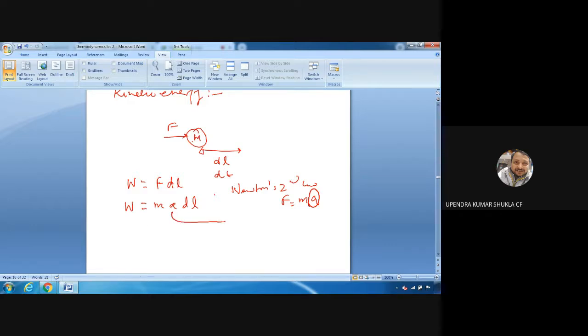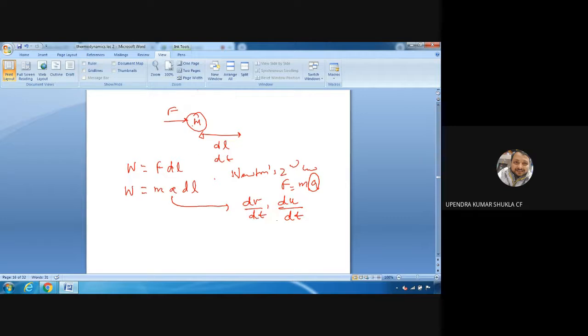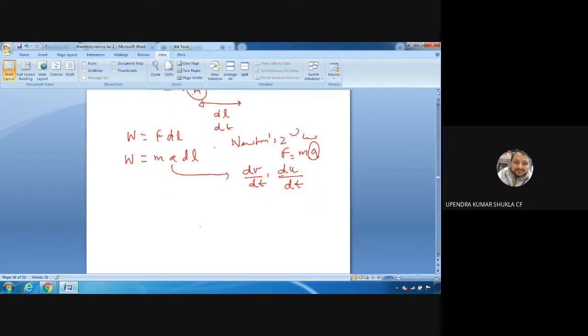How can you write a? A is the change in velocity, so dv over dt. So can I put it there? dv over dt, or sometimes you represent velocity as du over dt, with u. Take anything, no difference. u, v, w are the components in the x, y, z directions, as you have sometimes studied in fluid mechanics.